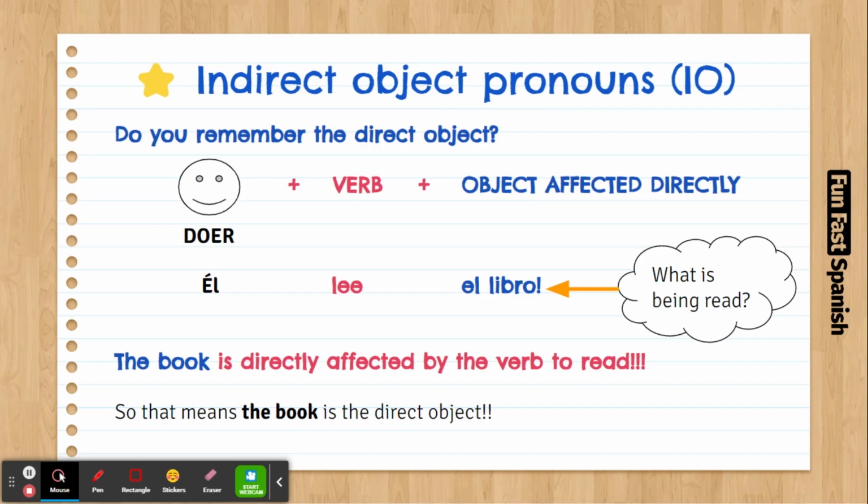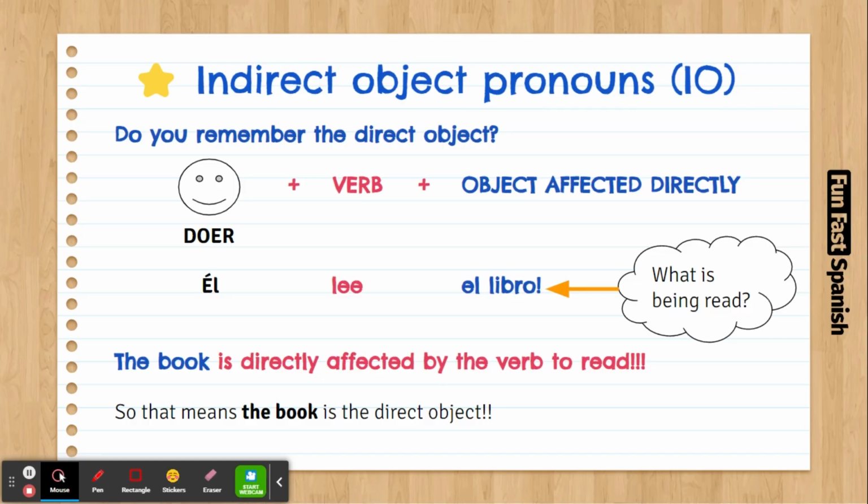So it's like you give something to somebody, you tell something to somebody, or you send something to somebody. There are some verbs that involve two elements. Most of the time, I would say 95% of the cases, it's a thing and a person. The person is the one who is favored by this action.